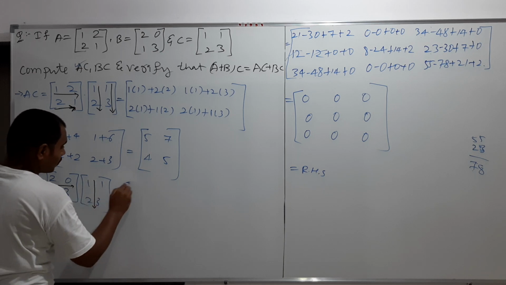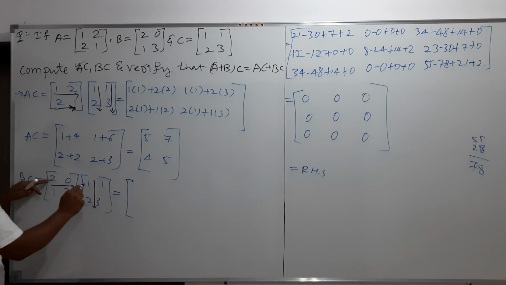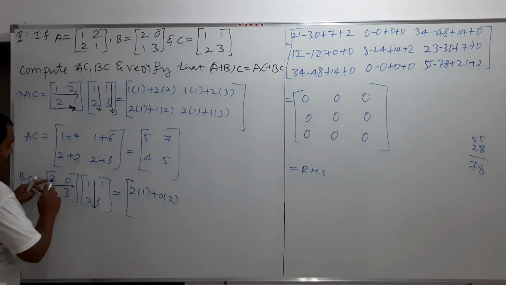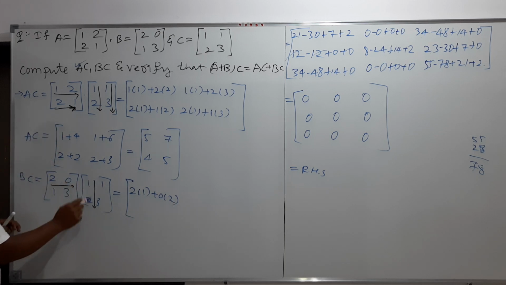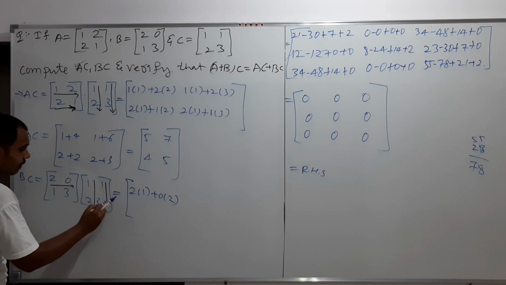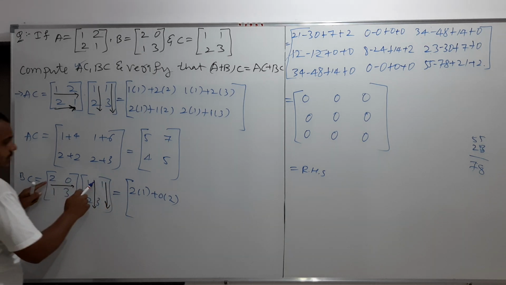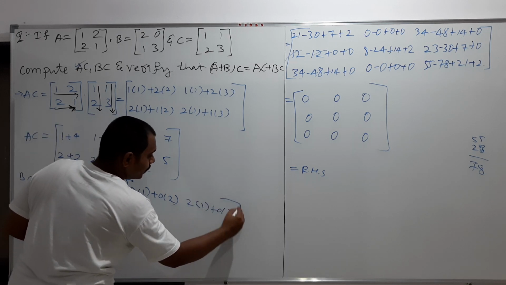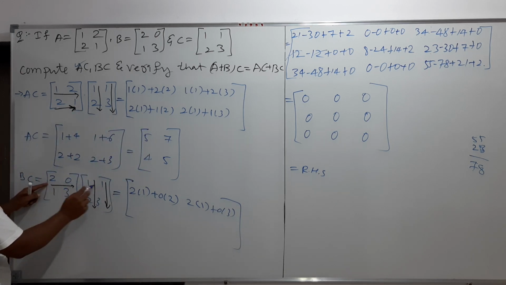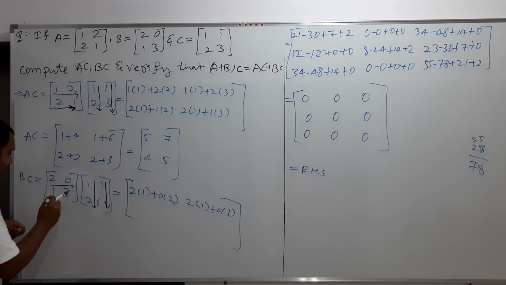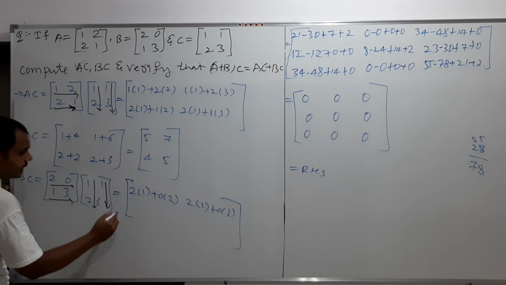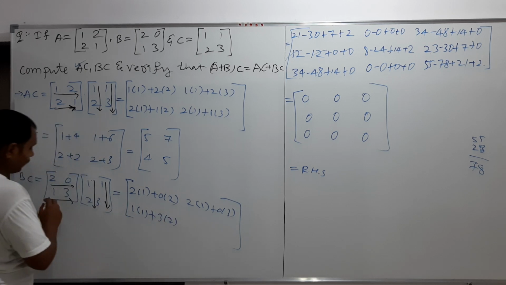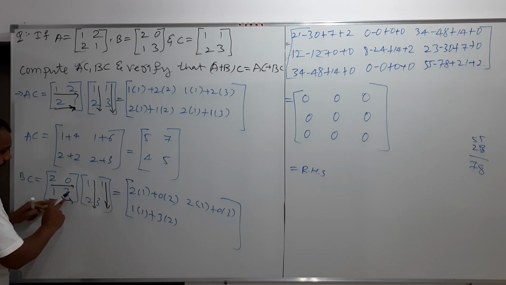First row, first column: 2 into 1 plus 0 into 2. First row, second column: 2 into 1 plus 0 into 3. Second row, first column: 1 into 1 plus 3 into 2.